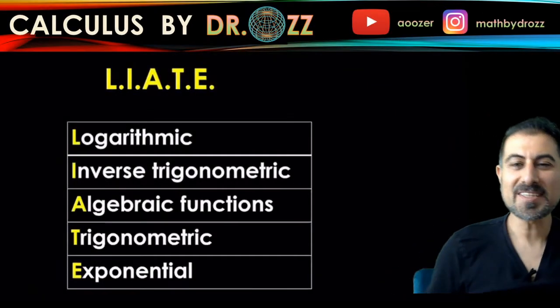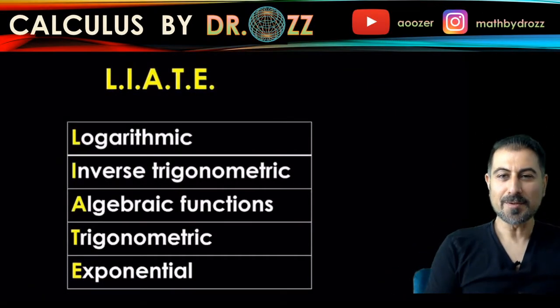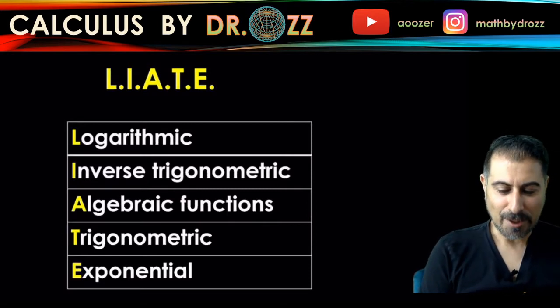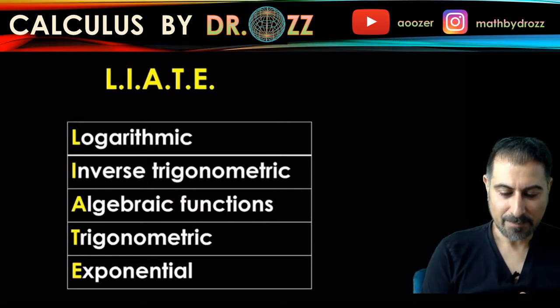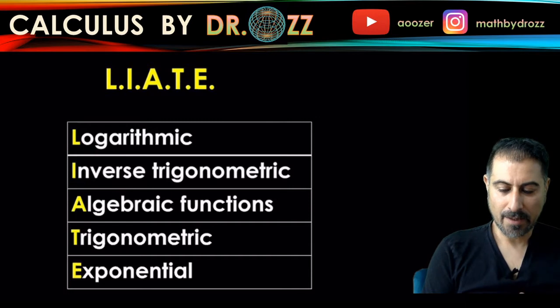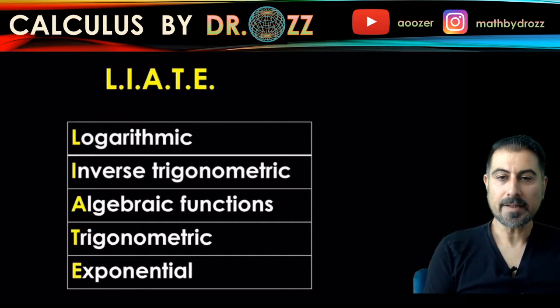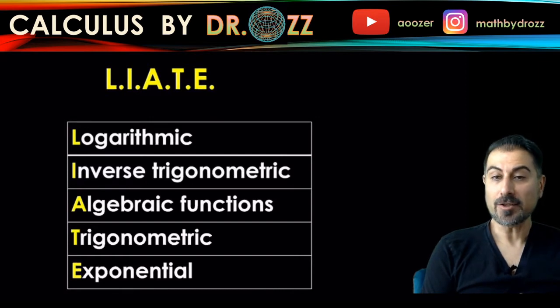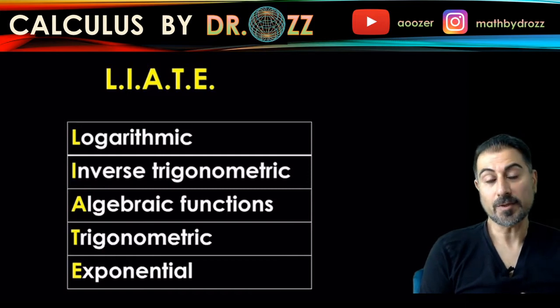All right, before we start, let me just make you remember this LIATE, the acronym standing for L to be logarithmic and I to be inverse trig. A means algebraic functions, T stands for trigonometric, and E stands for exponential.